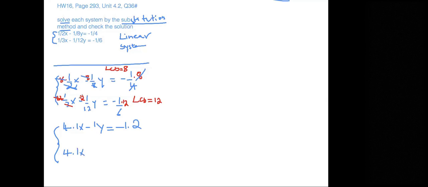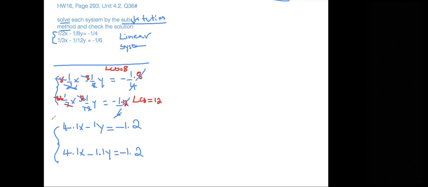Then what happens to the next one? 12 divided by 12 is 1, times y. 1y, or y. And finally here, equals minus 1 times 2. That's right, 12 divided by 6, minus 1 times 2. Okay, if you see a lot of fractions in equations, first get rid of them, and the equation becomes a lot easier.